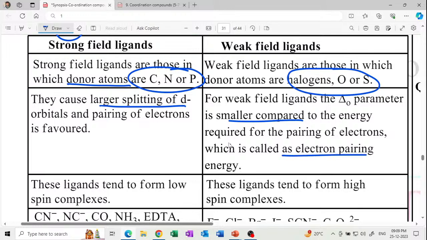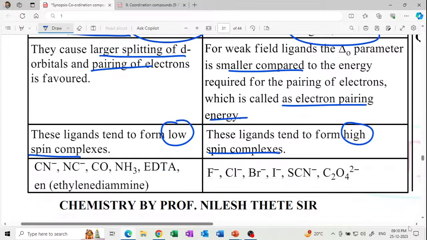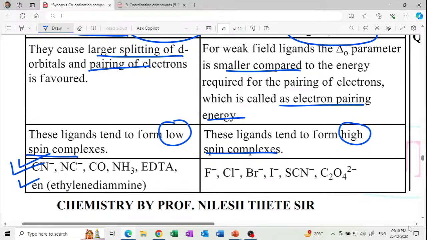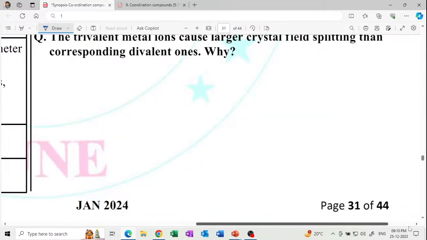Electron pairing takes place with strong field ligands, and these tend to form low spin complexes, while weak field ligands form high spin complexes. Examples are important: cyanide, CO, NH3, EDTA, ethylenediamine are strong field. These are the weak field ligands: bromide, chloride, oxalato.